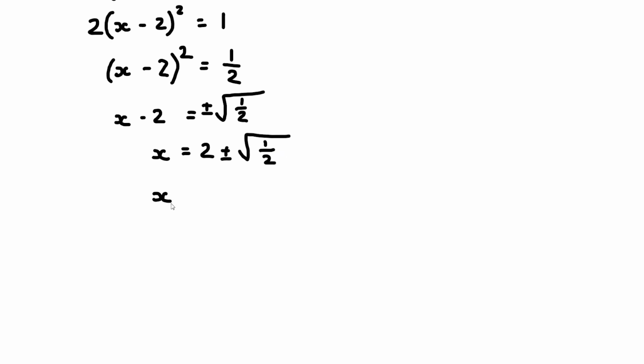Well, let's rewrite this. x equals 2 plus or minus, well, using our laws of indices, we know that root a over b equals root a over root b, right? So we covered this in the last chapter, but this is one of the laws, and in this case we have that.